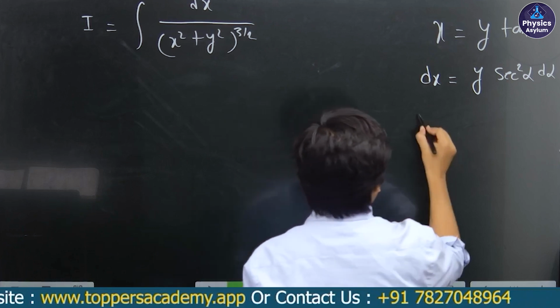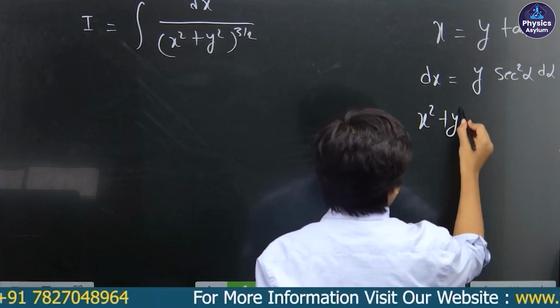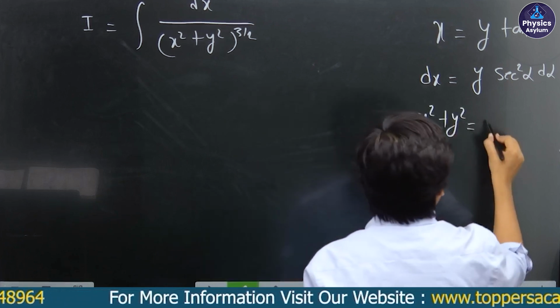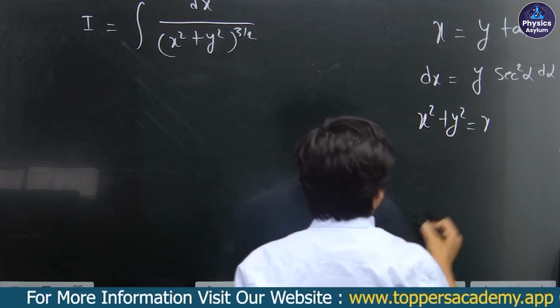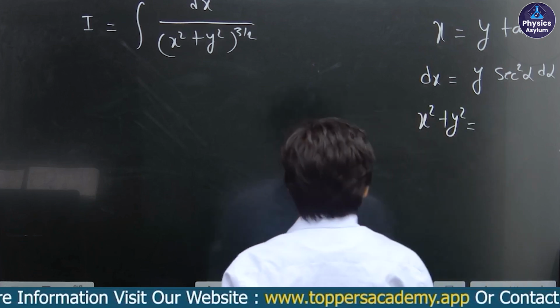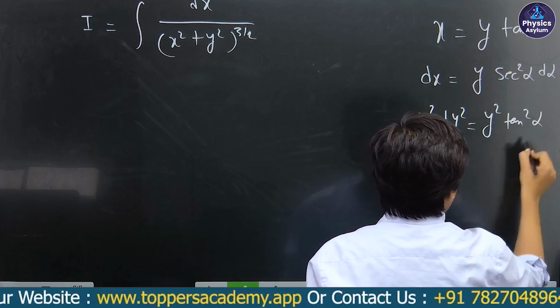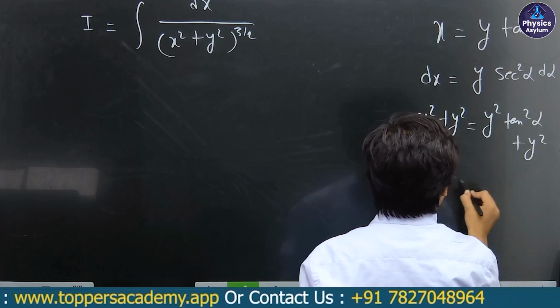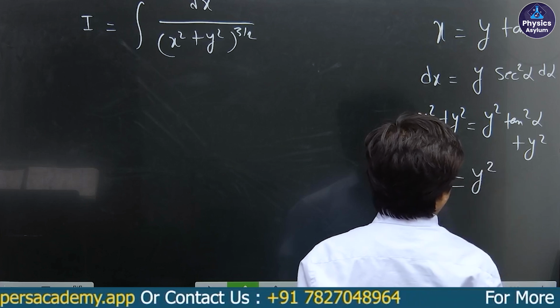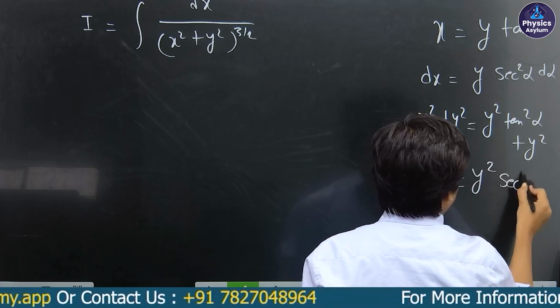And x squared plus y squared gives y squared tan squared alpha plus y squared, which is equal to y squared sec squared alpha.